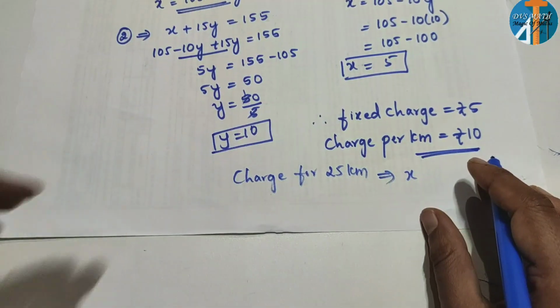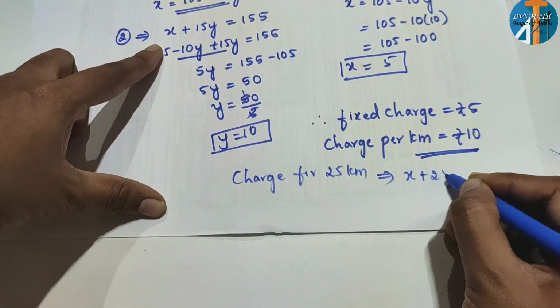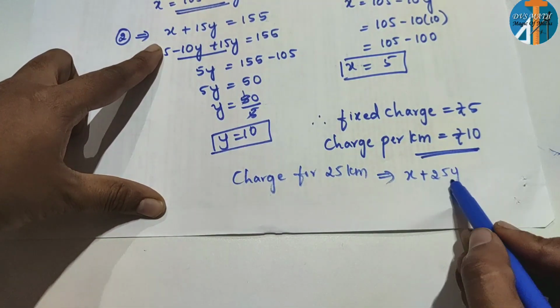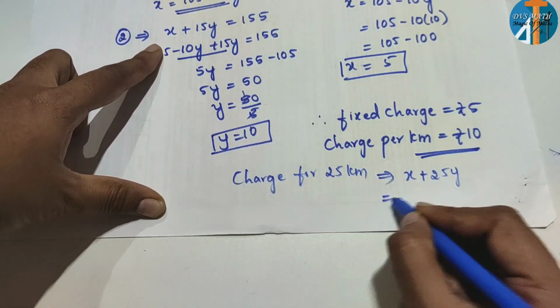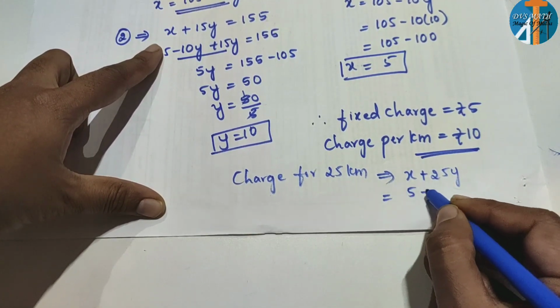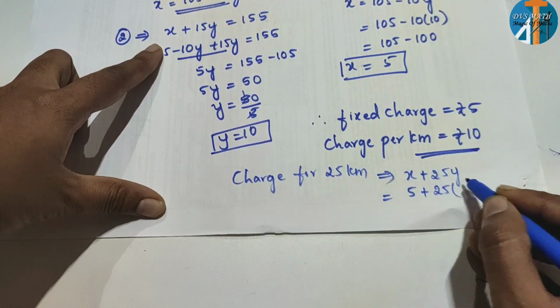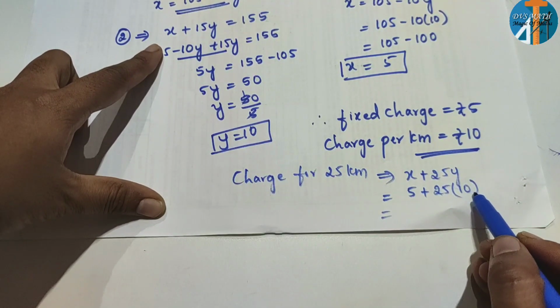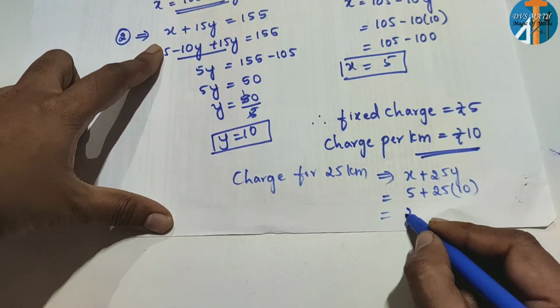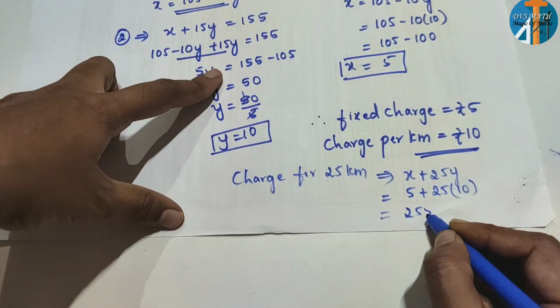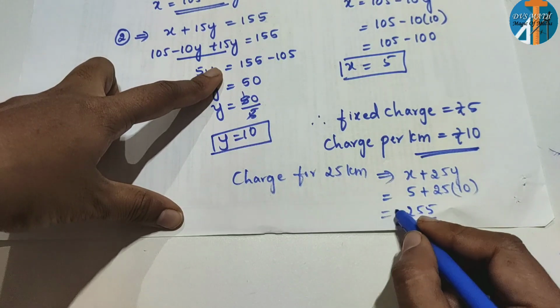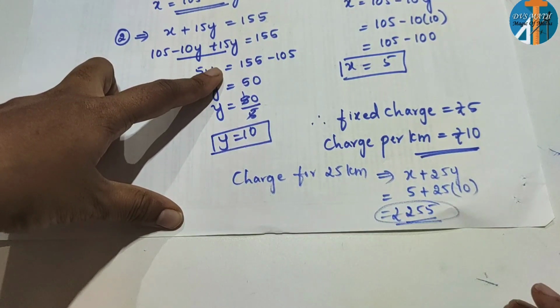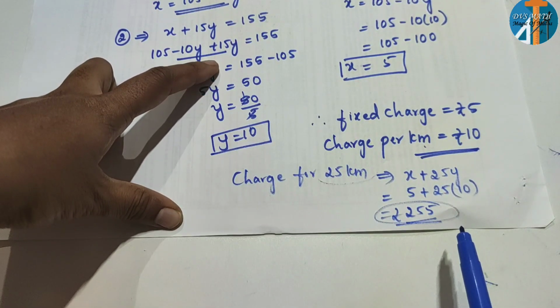Fixed charge X plus how many kilometers? 25 kilometers and the charge per kilometer. So fixed charge is 5 rupees plus 25 into 10 rupees. 25 tens are 250. 250 plus 5, 255. So the charge for 25 kilometers is 255 rupees. So this is about sub question 4.